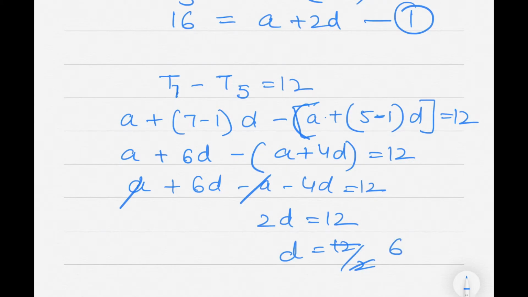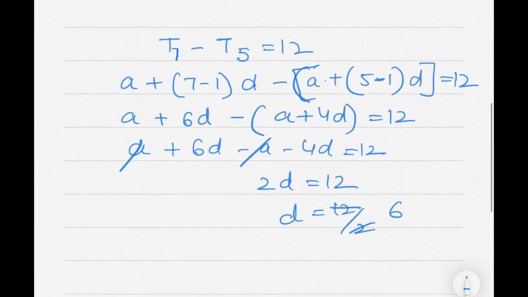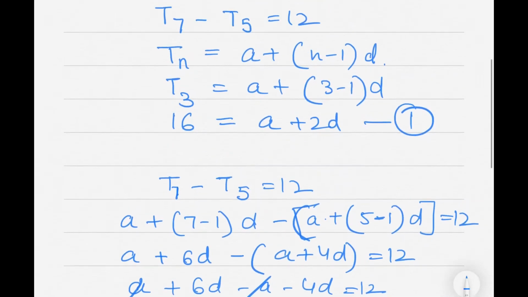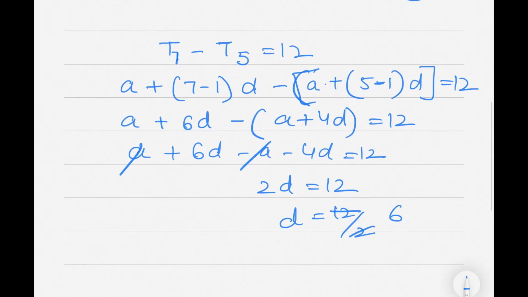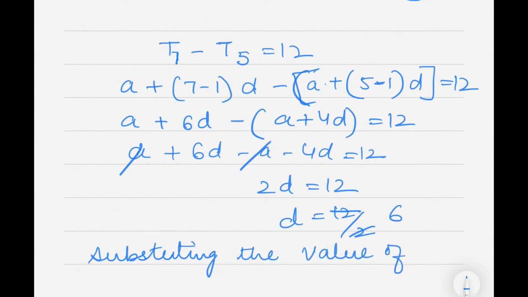I've figured it out. Now I'll substitute the value of d in any of the equations, maybe the first one. So substituting the value of d in the first equation.